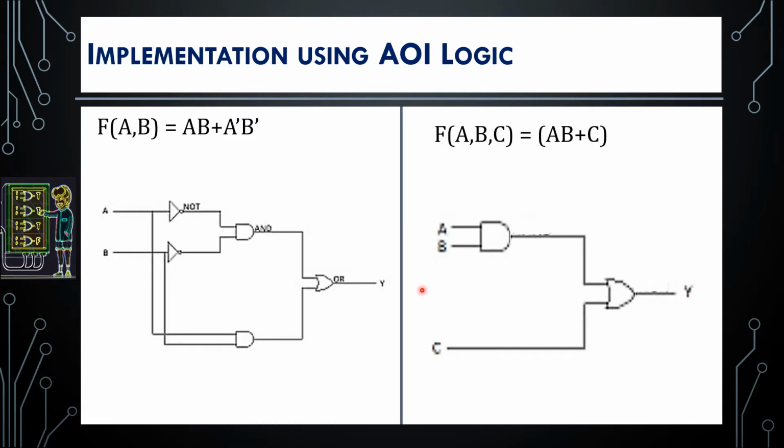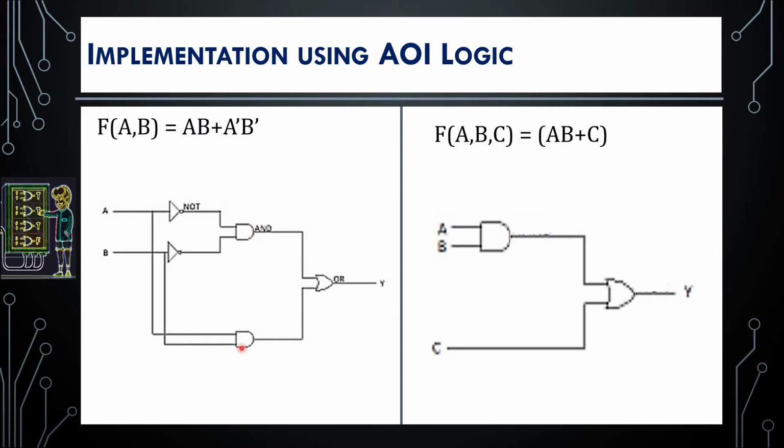Now let's look at an example. We need to design an AND-OR logic circuit for an SOP logic expression. In the first example, f(A,B) = AB + A'B'. We have two literals, namely A and B, and two minterms, AB and A'B'. Since we have two minterms, we need two AND gates, right?